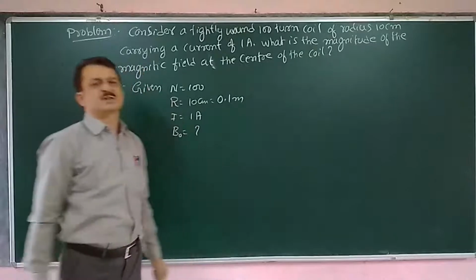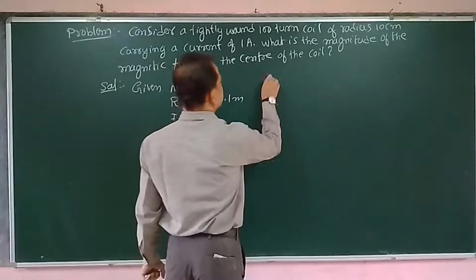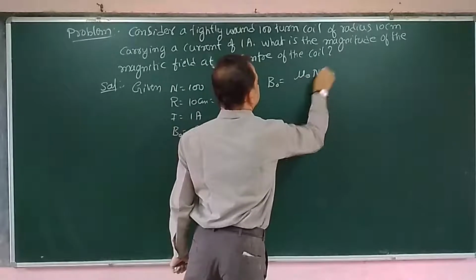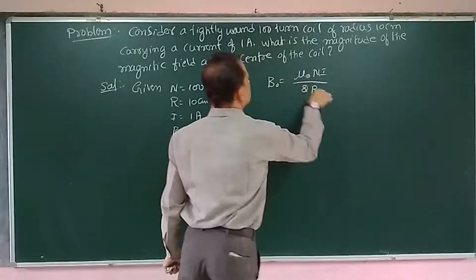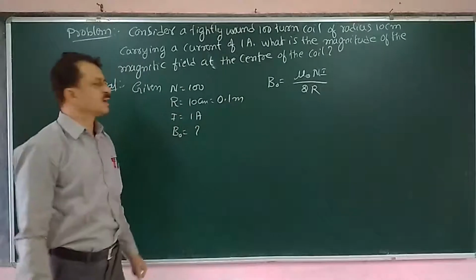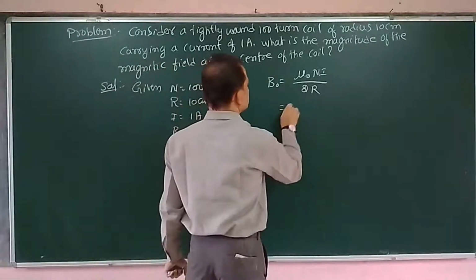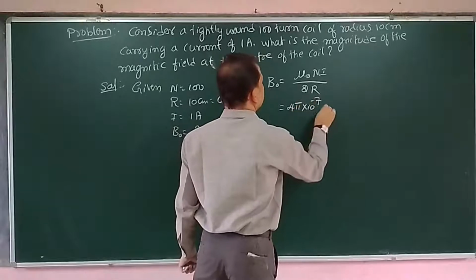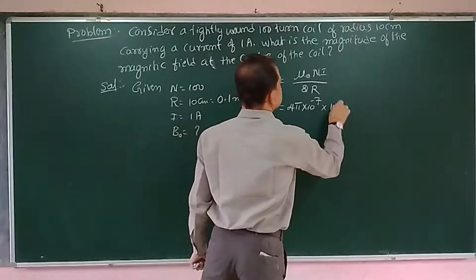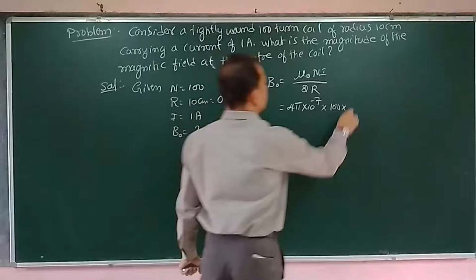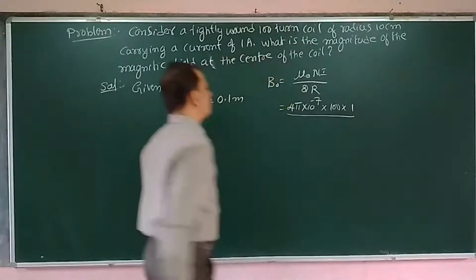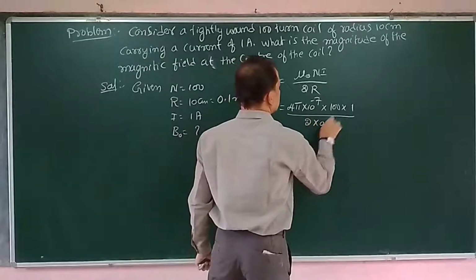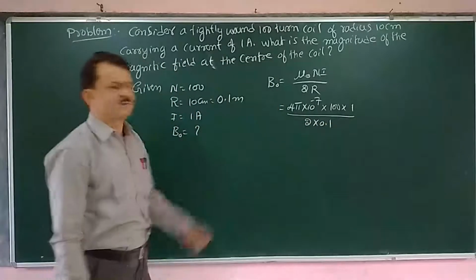Obviously, we know the expression for the magnetic field at the center. So B naught is equal to mu naught N I divided by 2 capital R. Just substitute the values: 4 pi into 10 to the power of minus 7, number of turns is 100, current is 1, divided by 2 into 0.1. Very simple.